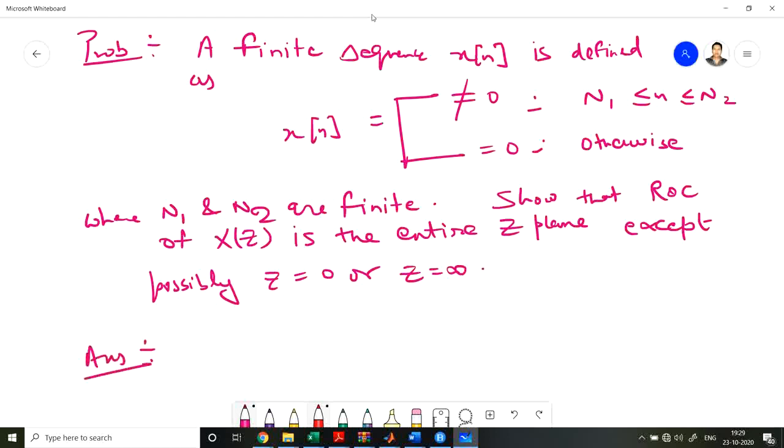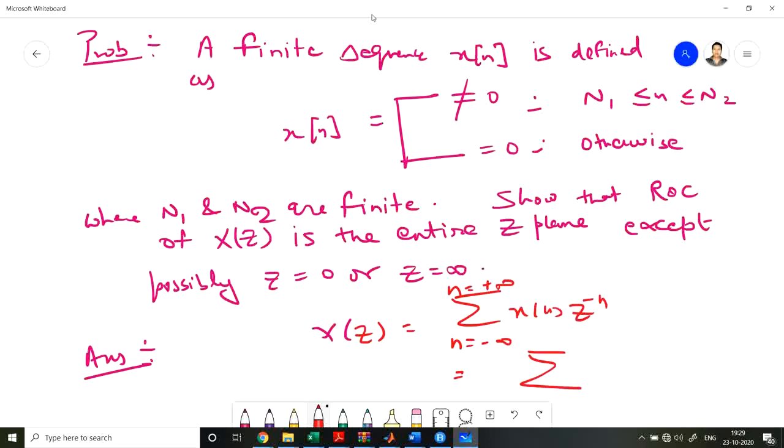Except these two values, we can find the z transform. So X(z) is written as summation n equals minus infinity to plus infinity x[n] z^(-n).